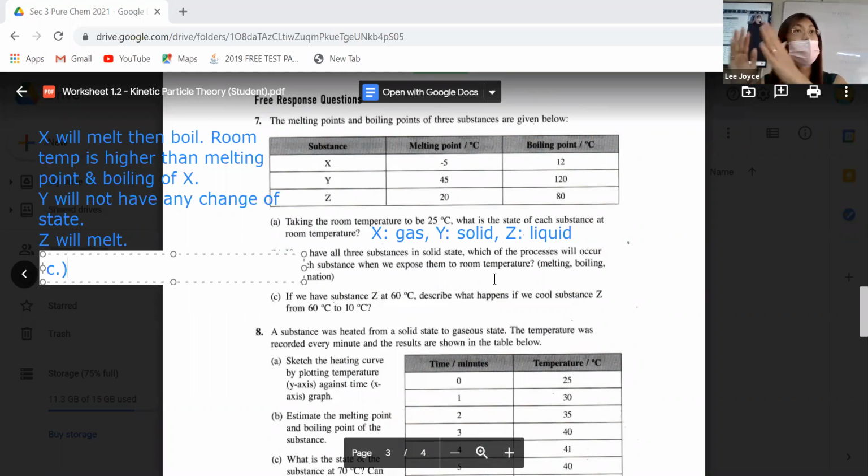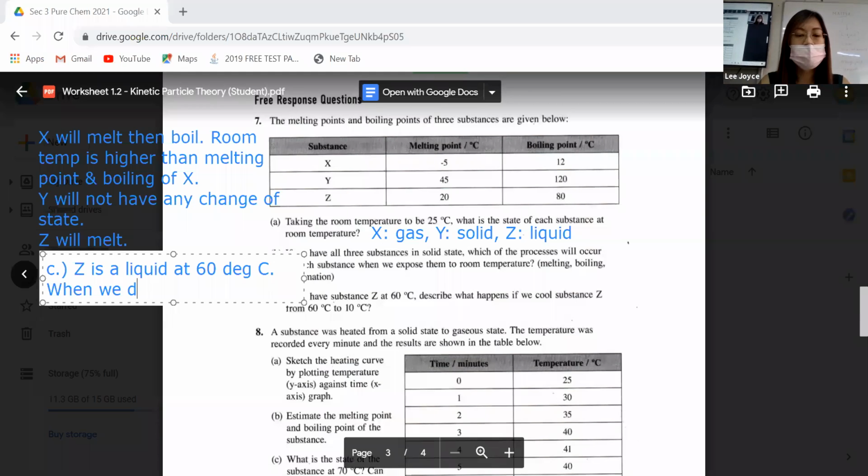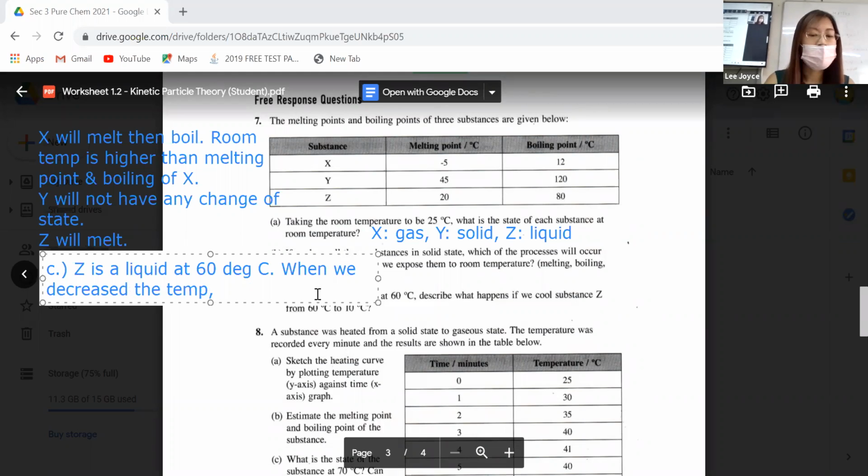So in each stage, you have to explain. First of all, indicate that Z is a liquid at 60 degrees Celsius. So when we decrease the temperature, what will happen?